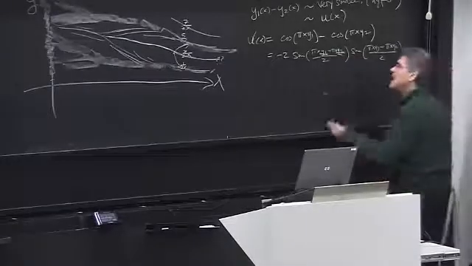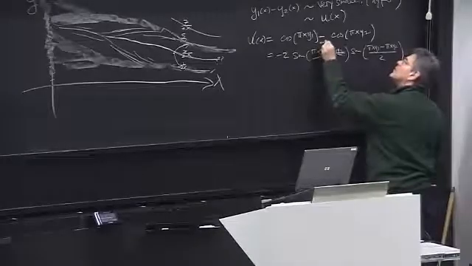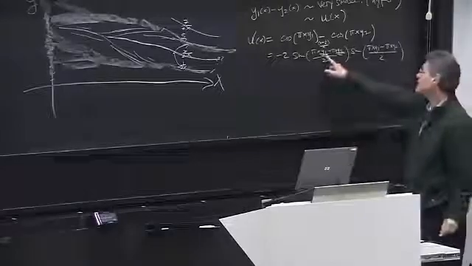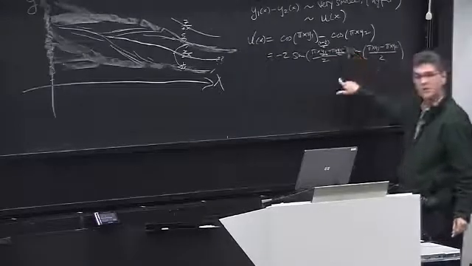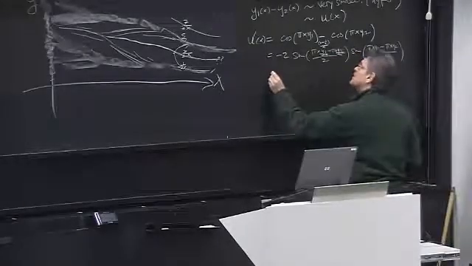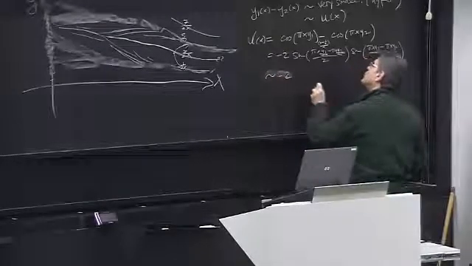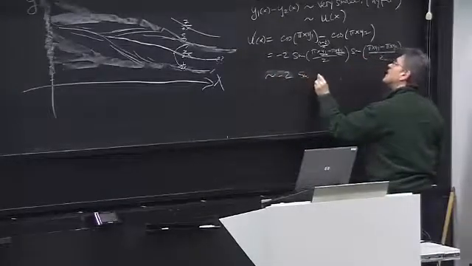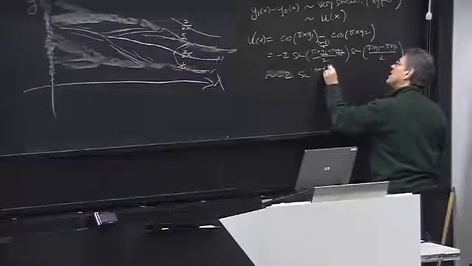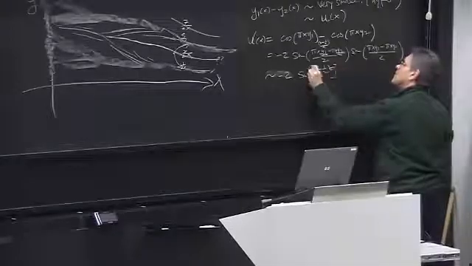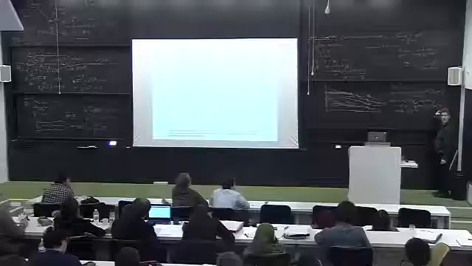It behaves like n plus 1/2 over x. So we're adding the same thing and dividing by 2. So this would be asymptotic to minus 2 times the sine of n plus 1/2 over x times pi. And that's the sign of the difference.